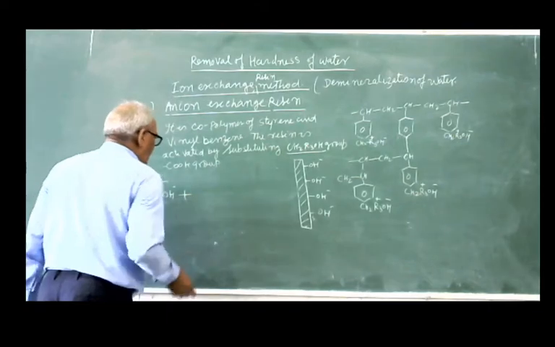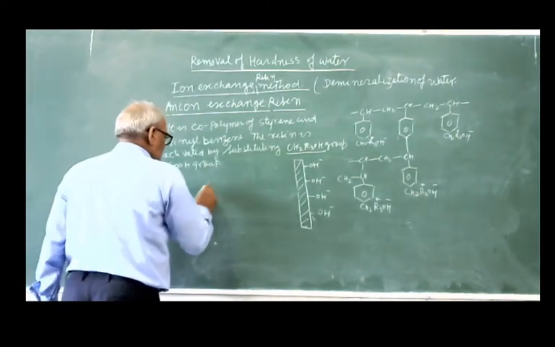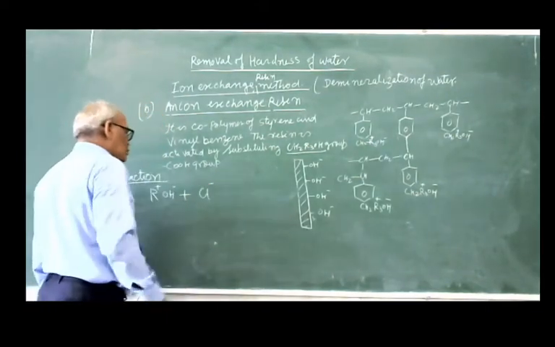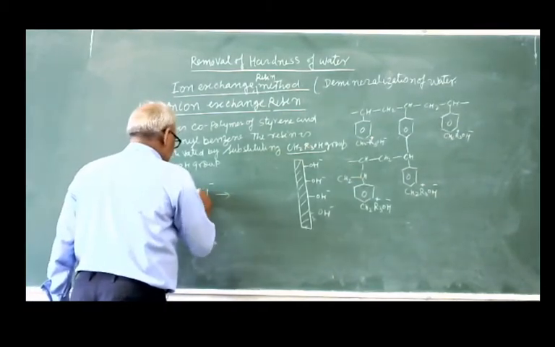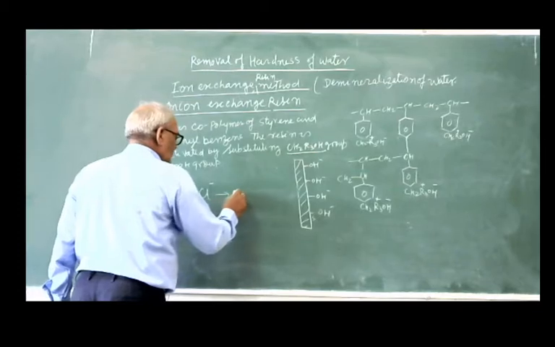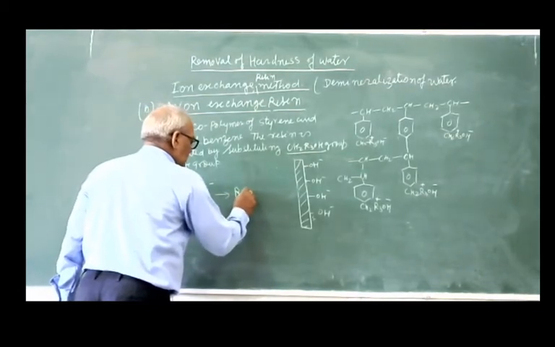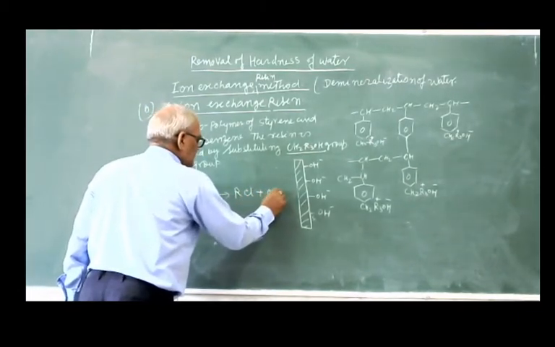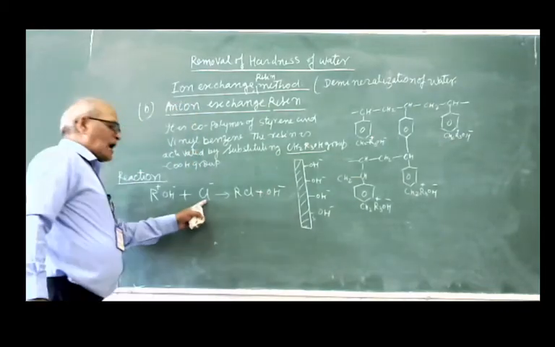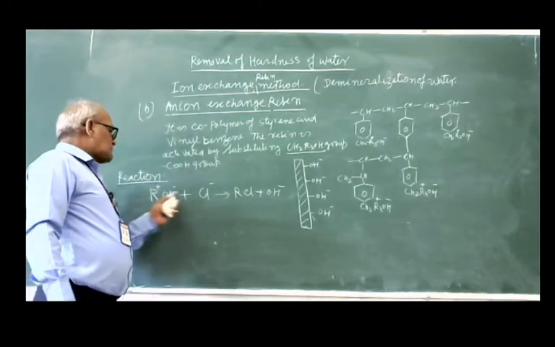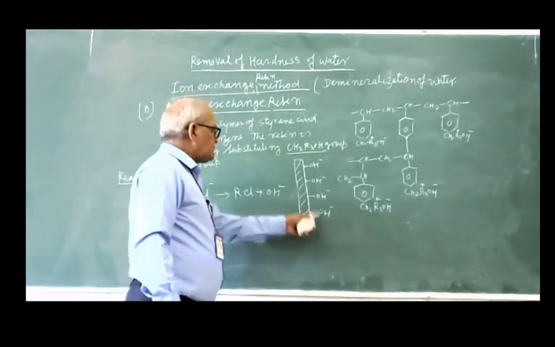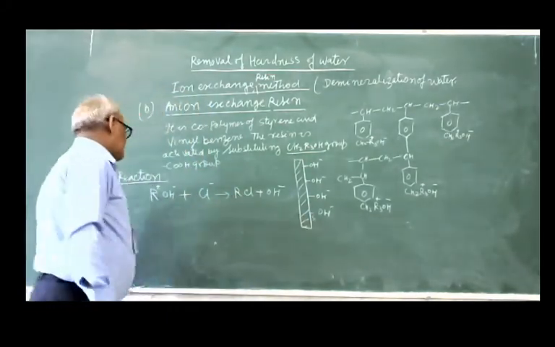There is a chloride ion. So what will happen? RCl plus OH minus. Chloride ion in the water is attached to the resin here and we get RCl.